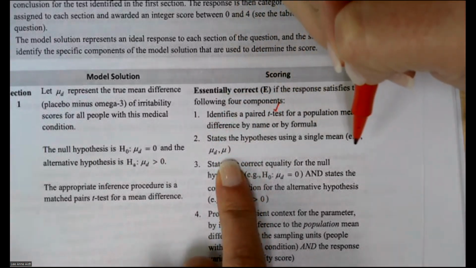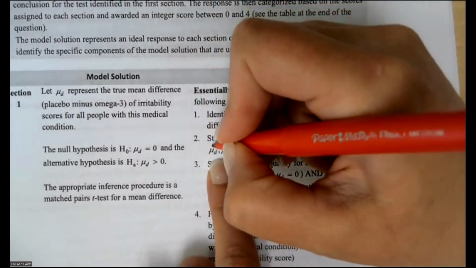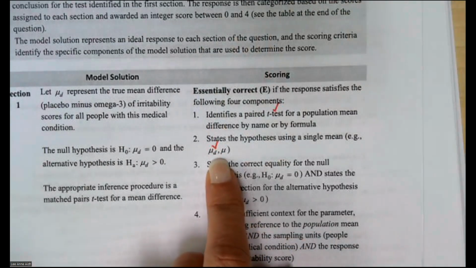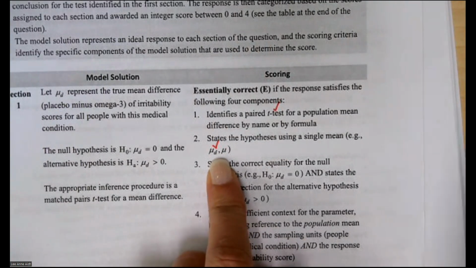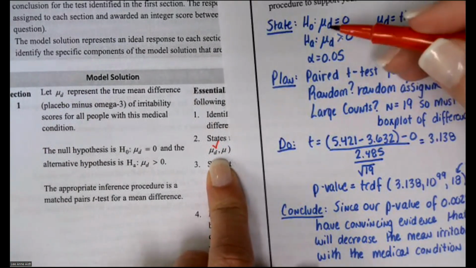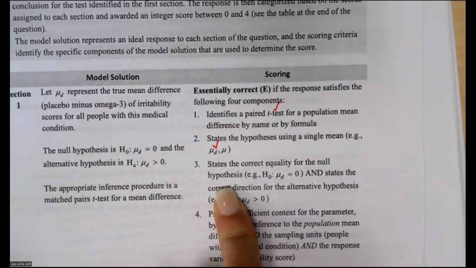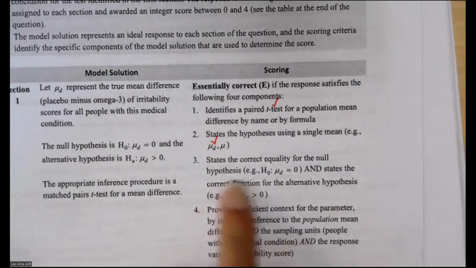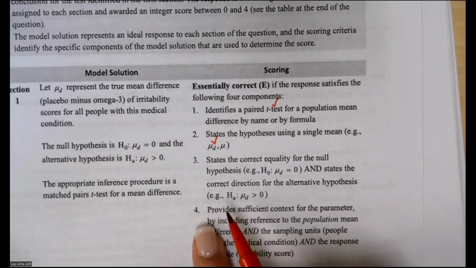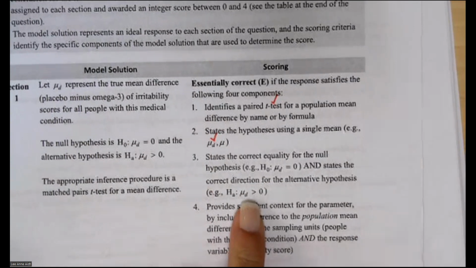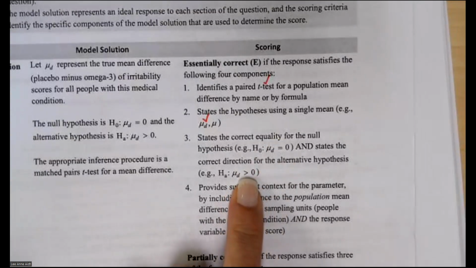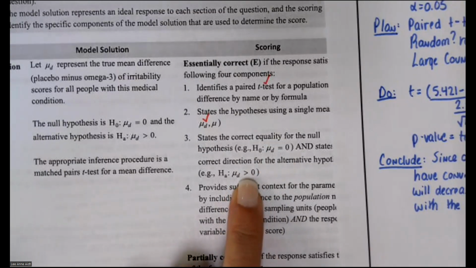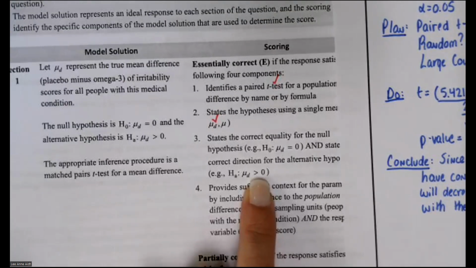States the hypotheses using a single mean, mu d. Our class uses mu d, so I used mu d. States the correct equality for the null hypothesis and states the correct direction for the alternative hypothesis, equals and greater than. We might have gotten that one wrong from the vibes I'm getting from around the room.